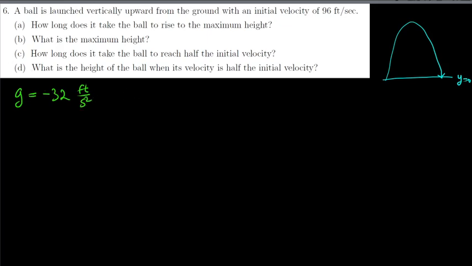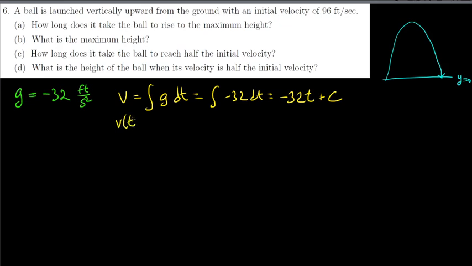And so if that's the acceleration, to get the velocity, you have to integrate it. And since it's just a number, the integral is just negative 32 times t plus c. So what's c going to be? Well, if we think of this as a function of t now, and I plug in t equals 0, negative 32 times 0 is 0, I just get c.